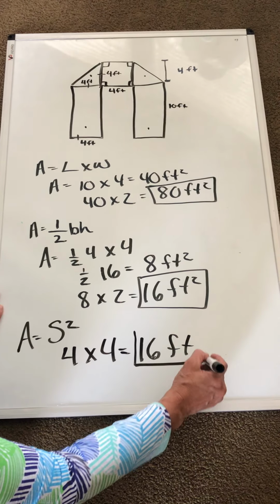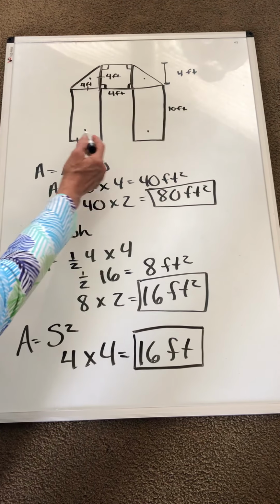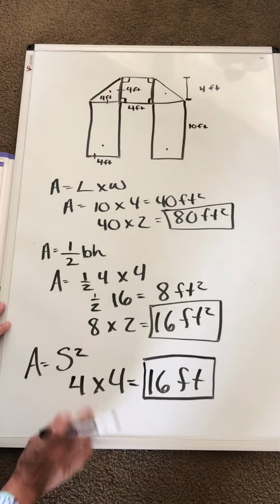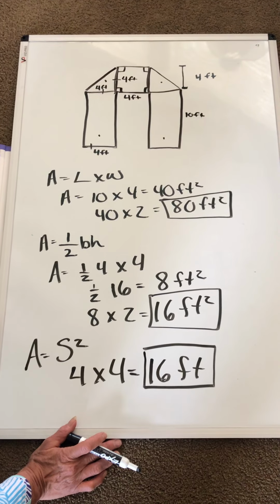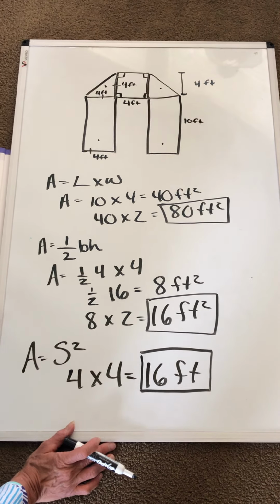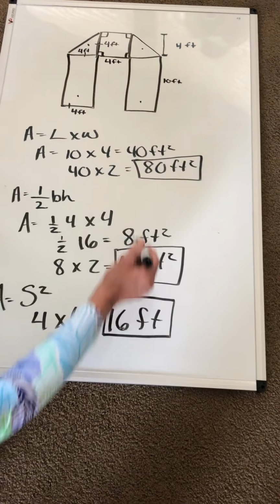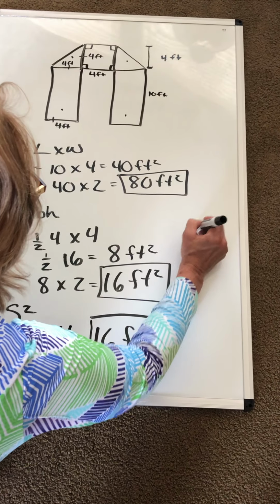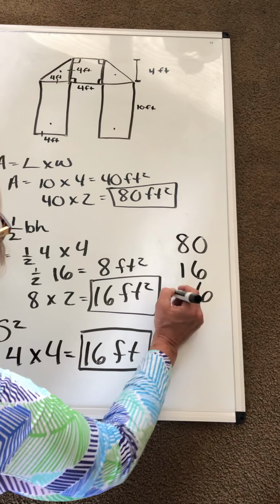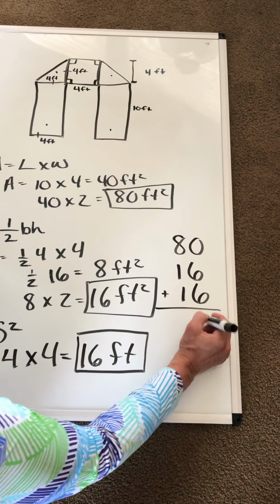So now we have the area of the two rectangles, the area of the two triangles, and the area of the square. The last thing that we need to do to find the total area of that entranceway is to add up all of these. So over here we can do 80 plus 16 plus 16. 6 plus 6 is 12.